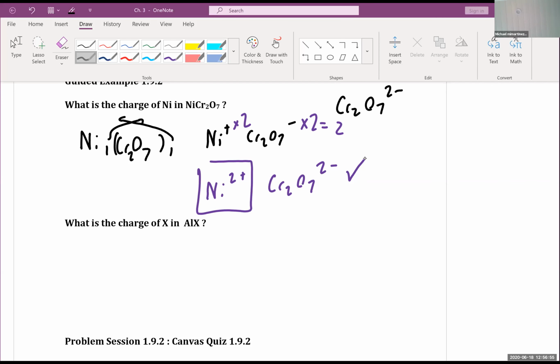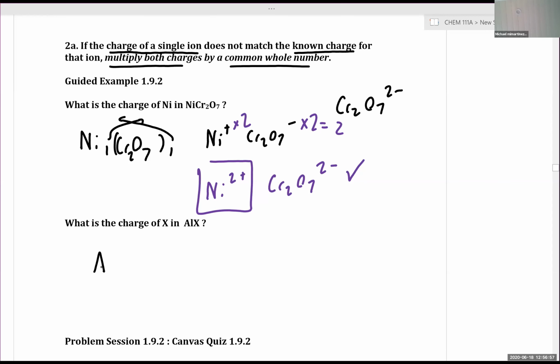So let's do another example of this idea. So we have aluminum X. We're going to reverse cross our subscripts, and that gives us aluminum plus X minus. Now we know that aluminum is a 3A element, adopts a charge of +3.